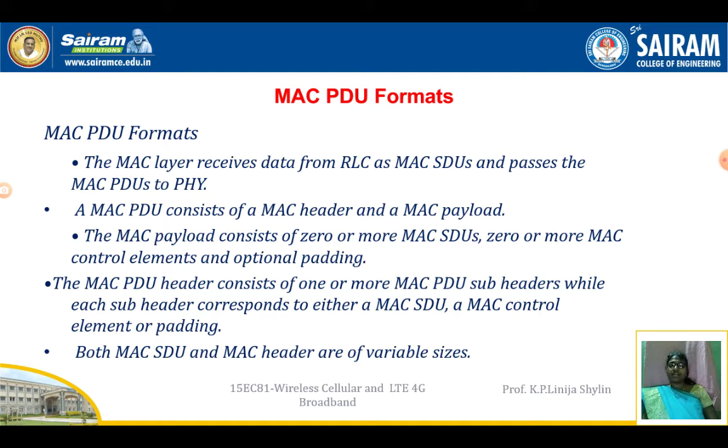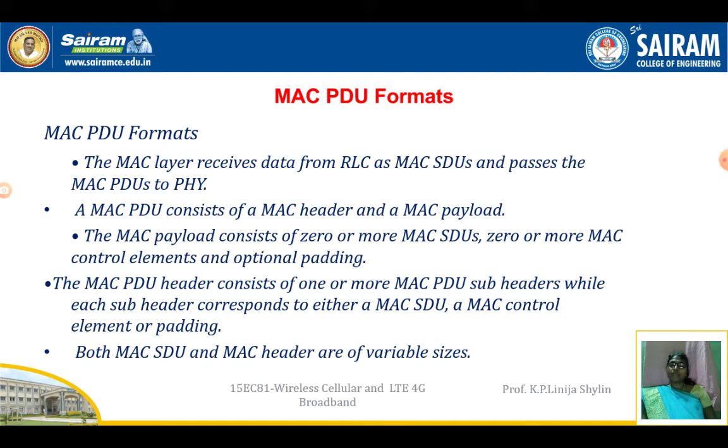This MAC layer, that is medium access control layer, receives the data from the RLC as MAC SDUs. SDUs is service data units, and this passes the MAC PDUs to the physical layer.